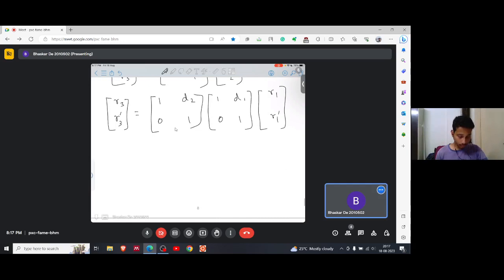Okay, so now I will multiply these two matrices and we'll have R1 and R1 dash.